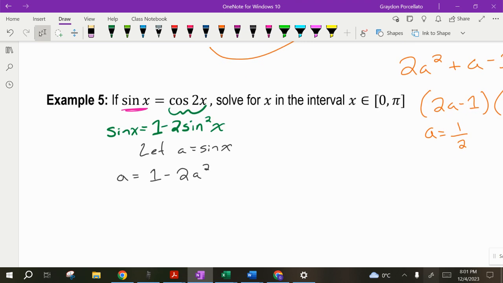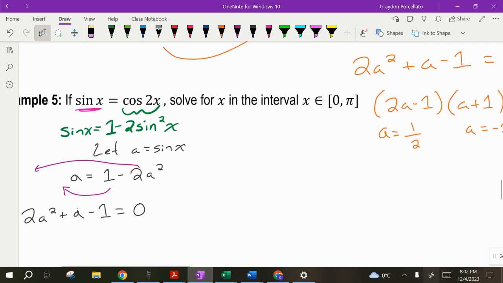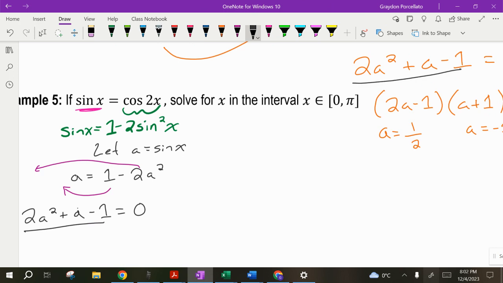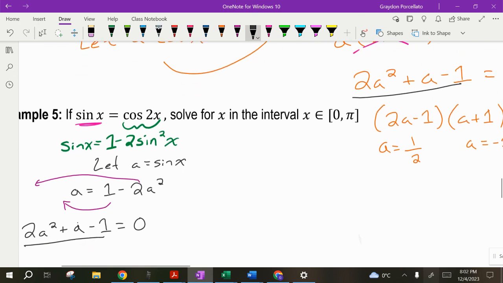Because this is a quadratic, I need to set one side equal to 0. So we're going to bring these two things over. This becomes 2a squared plus a minus 1 equals 0. Notice that this is the same as this, so I'm not going to factor this again.